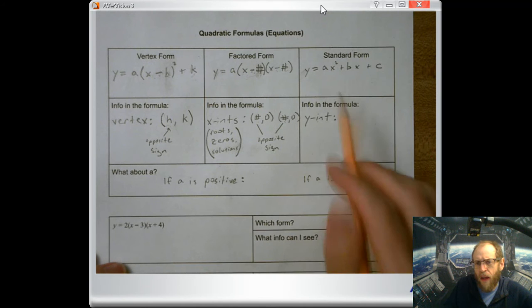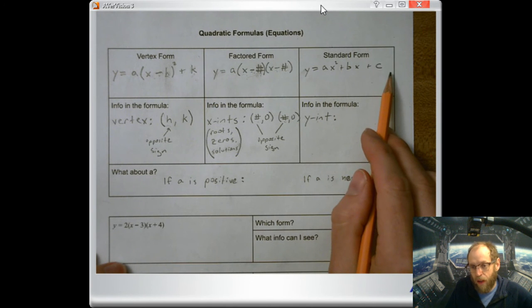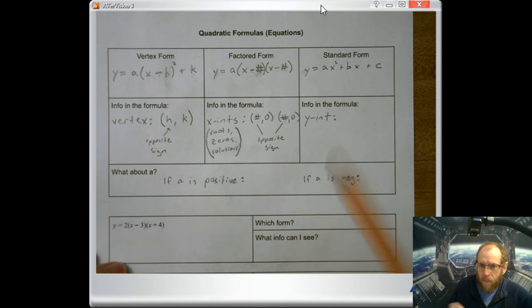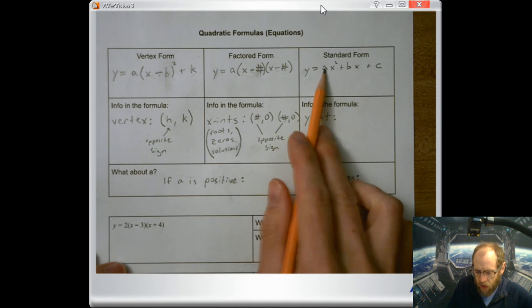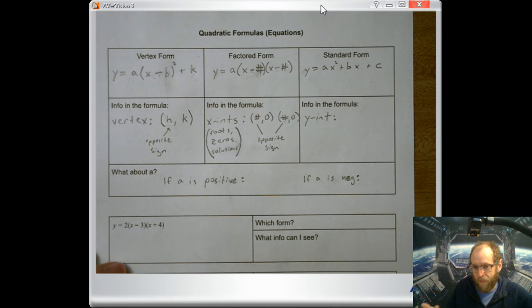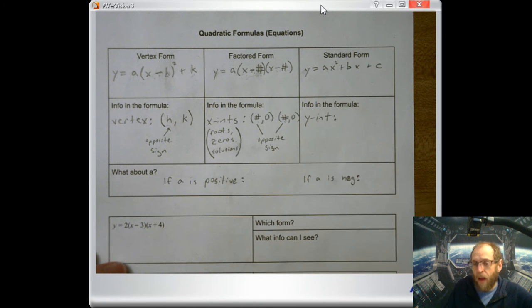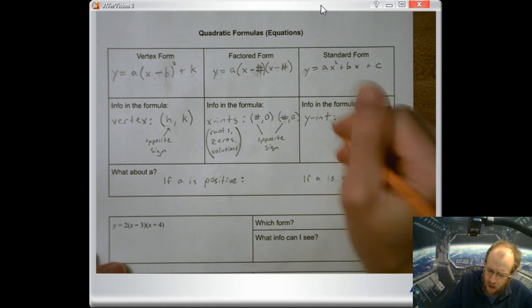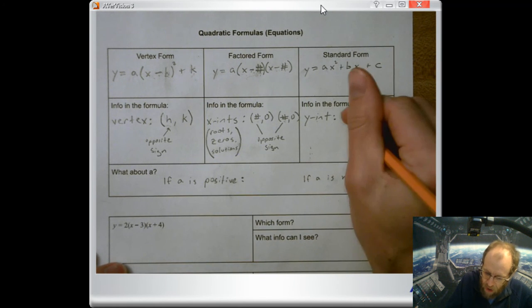Standard form. This one should look familiar from stuff we did in the last topic, polynomials. So in standard form, you've got an a, a b, and a c. Those are just the coefficients of your terms. And in particular, here, we can see from the c value our y-intercept.